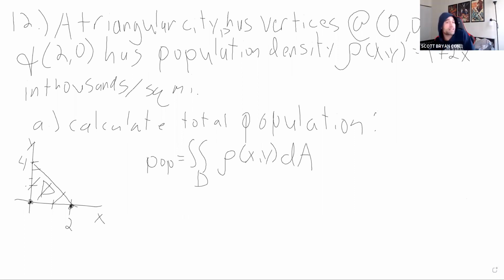Right, so it makes sense to do rectangular. There are no circles involved here. In fact, you could do top and bottom curve, or left and right curve. It's vertically and horizontally simple. I prefer to do top and bottom curve when I have the option. So let's bound y by functions of x.